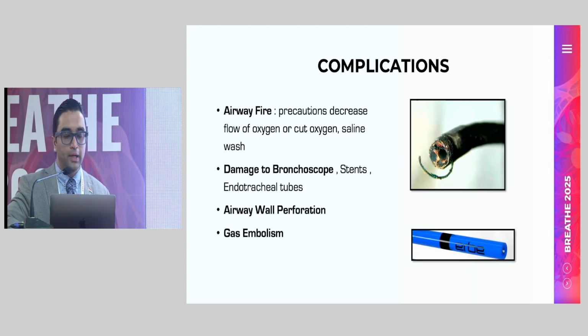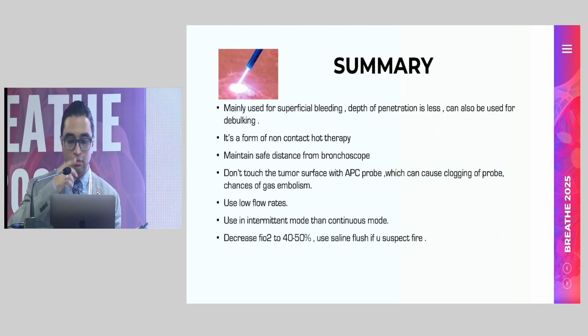Obviously, there are complications when it comes to APC also. The most common is damage to the scope, so you need to be careful with which probe you are using. And there are cases of gas embolism, wherein the gas is known to circulate into the vasculature. In summary, this is used mainly for superficial bleeding. It is a non-contact hot therapy.